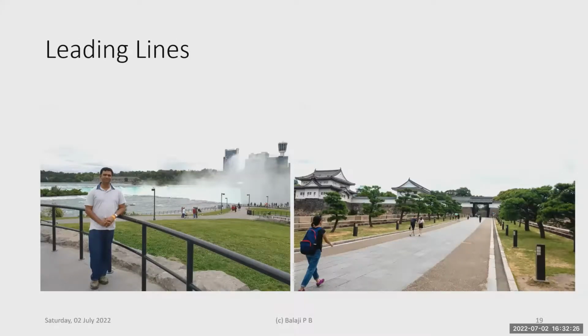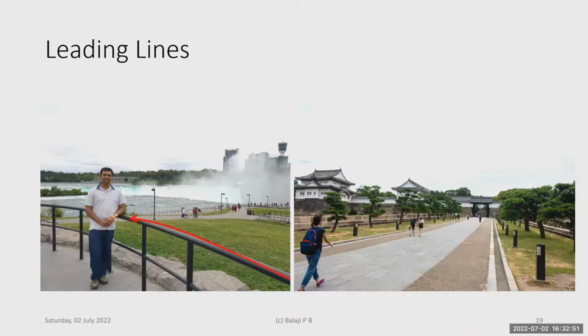So another aspect of photography is to use leading lines. Leading lines are nothing but any feature, let's say a row of trees, roads, railings. You can use these to draw the viewer's attention towards the subject.